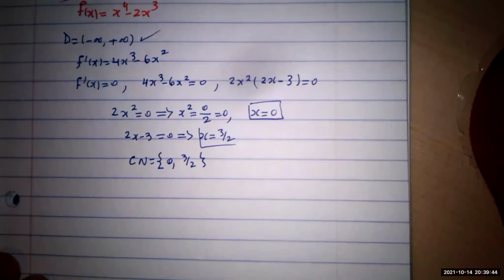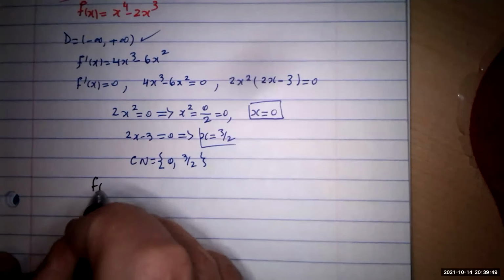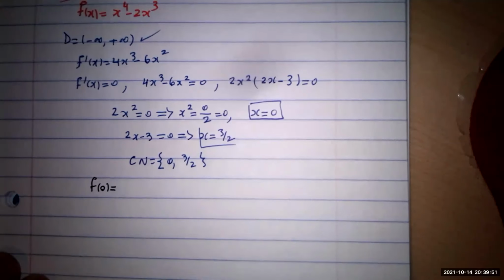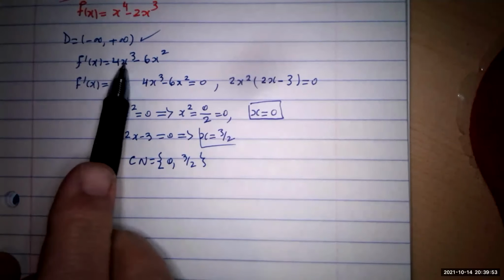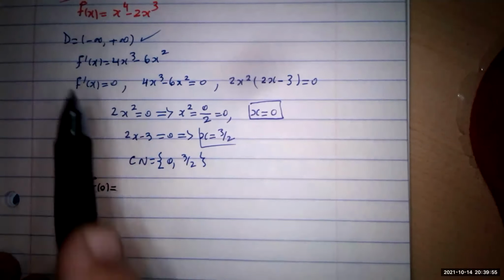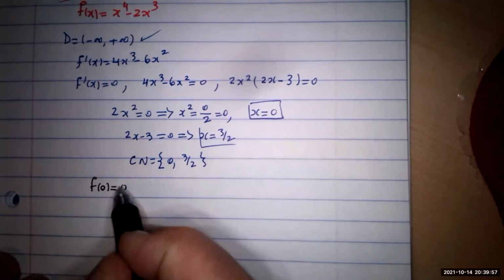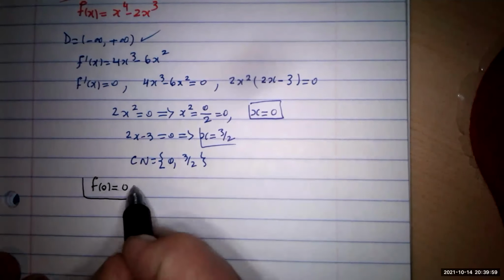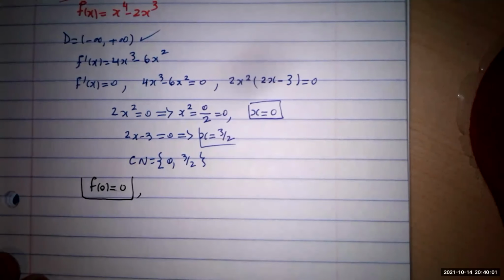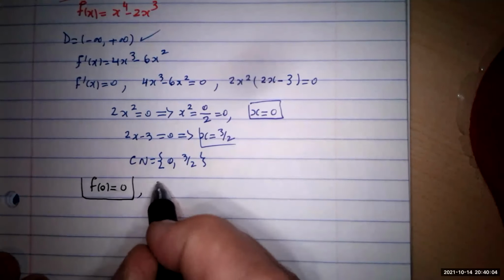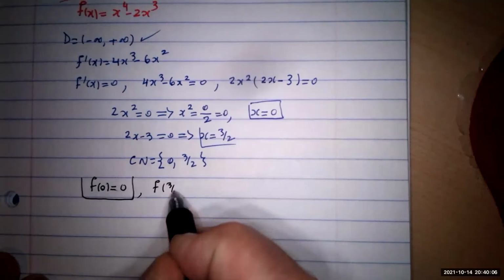Drop them back into the function, then get a chart. So we check f of 0. F of 0 gives us 0, so that would be one candidate for the max and the min. Then you have to find f of 3/2. It's 1.5.